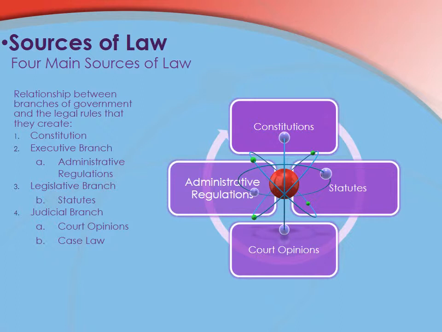And again, understanding that the different branches of government create different types of law, with the legislative branch creating statutes or rules that are not related to those administrative agencies, and the judicial branch creating court opinions and case law.